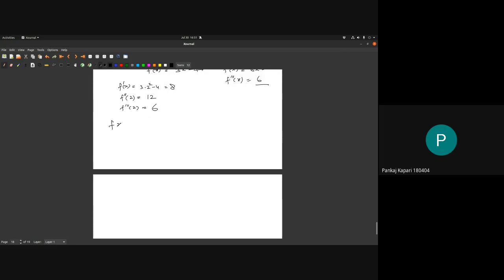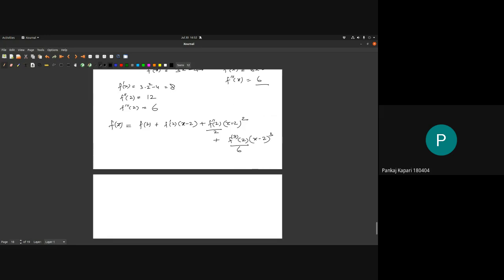Let's write our given function f(x) as a polynomial in x minus 2. This is equal to f(2) plus f prime(2) times (x minus 2), plus f double prime(2) divided by 2 times (x minus 2) square, plus the third derivative divided by 3 factorial, which is 6, times (x minus 2) cube.